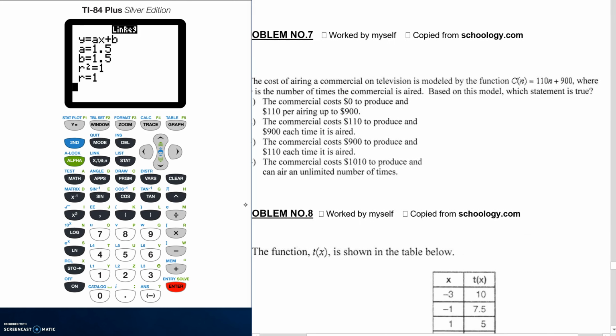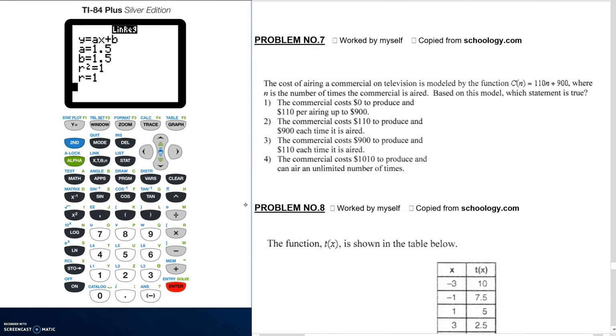The cost of airing a commercial on TV is modeled by this function, where n is the number of times the commercial is aired. Okay, if n is the number of times it's aired, then depending on how many times it's aired, that's how many times you're paying 110. So 110 has to be the cost per number of times you air the commercial.